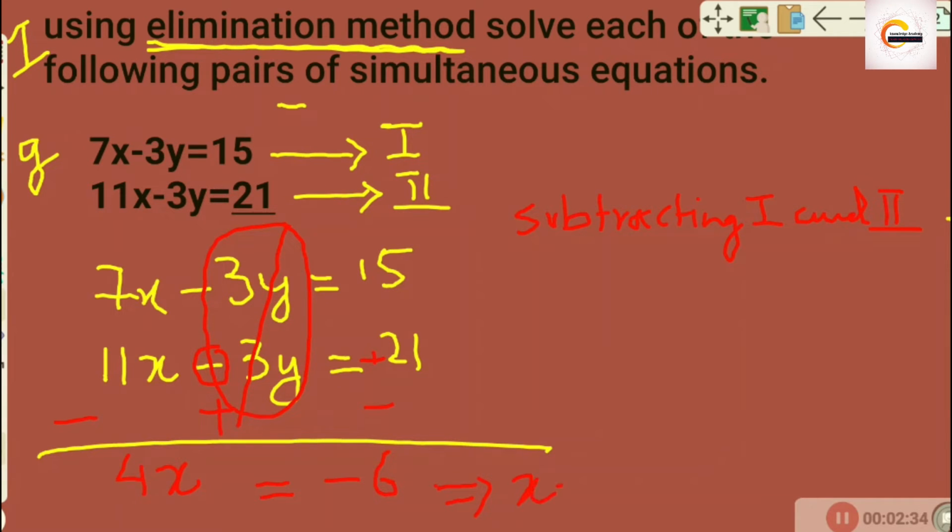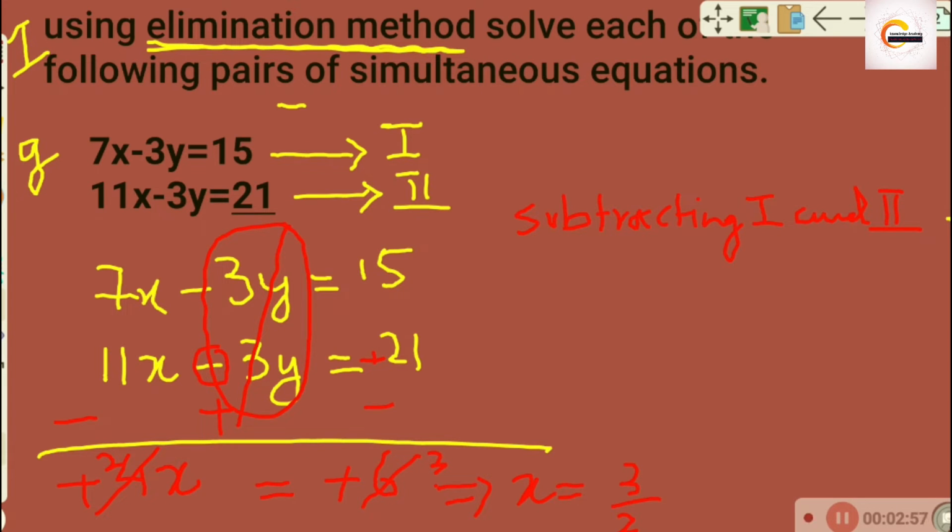x is going to be, let's divide and simplify further. The minus signs cancel. x is going to be 3 upon 2.